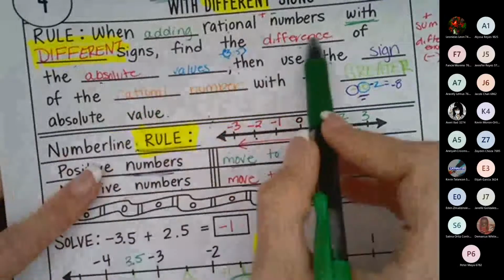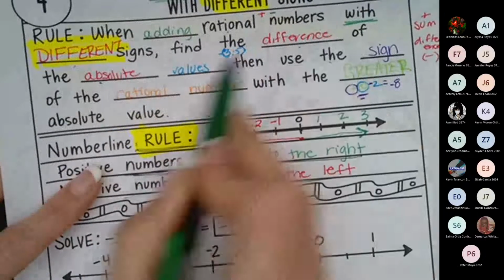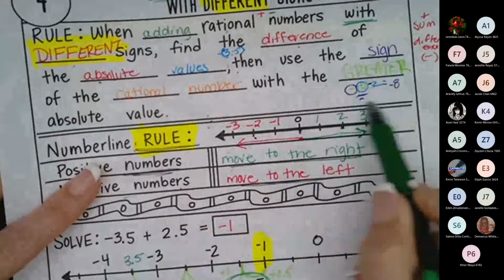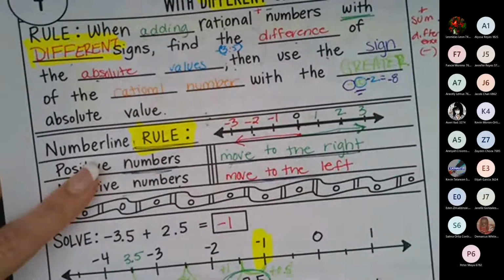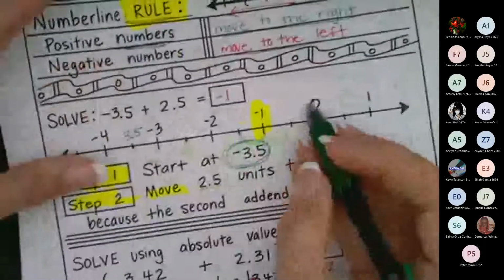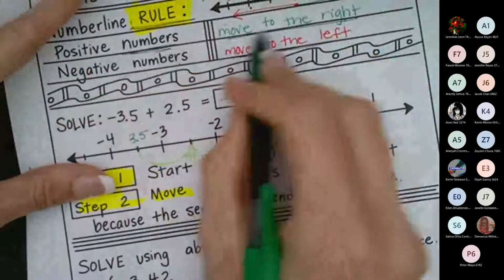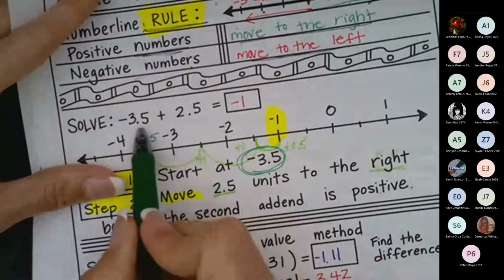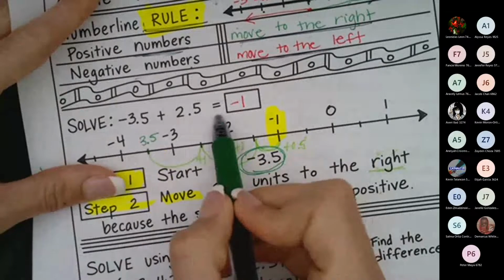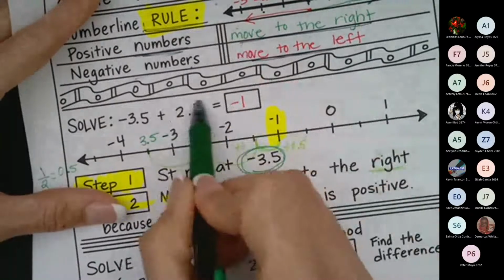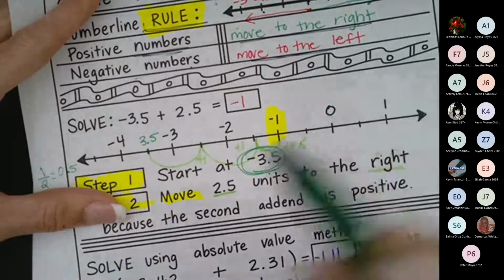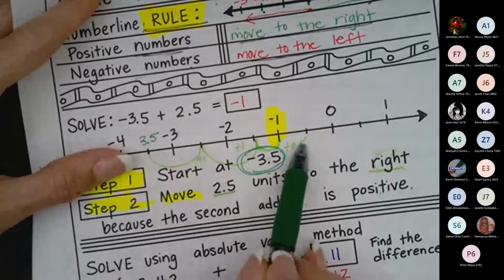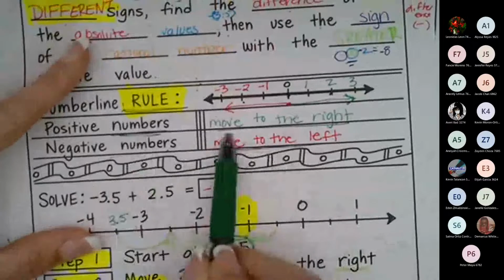And when we did that, we had to find the difference, meaning subtract the absolute values, and then we used the sign of the rational number with the greatest value, right? So we had a number line rule where if it's positive numbers, we move to the right, negative numbers move to the left. So we had negative 3.5 plus 2.5 in our example. Since we added a positive number, we needed to start at the negative 3.5 and move to the right, okay, from our number line rule.